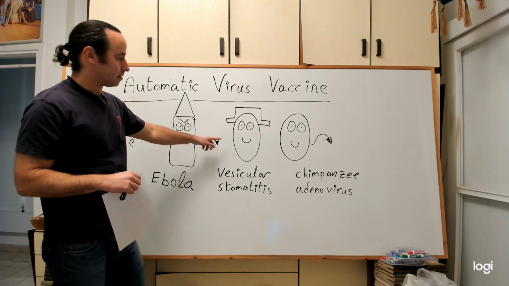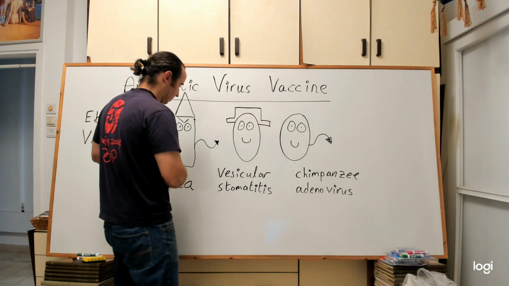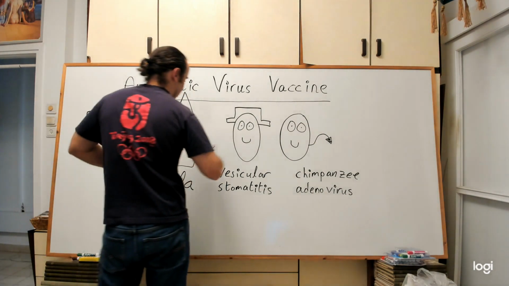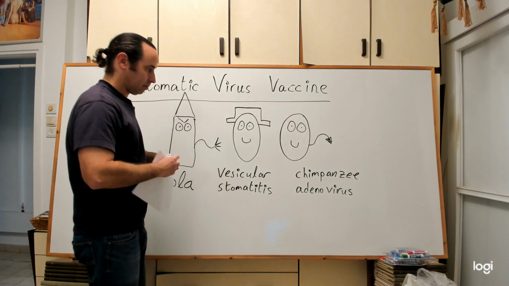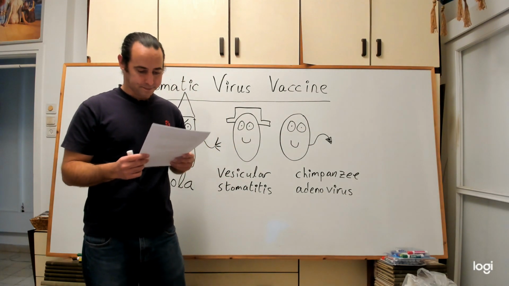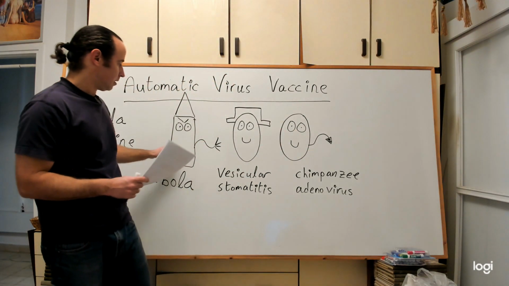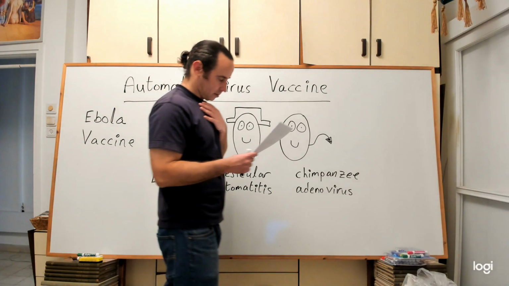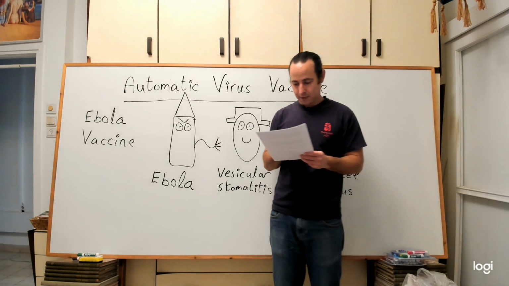Or if the tail is a little different, let's say the tail is like this now, then this doesn't work anymore. Okay? So any small change in the real virus and the vaccine is useless. And also you need to be expert to make this in the first place.